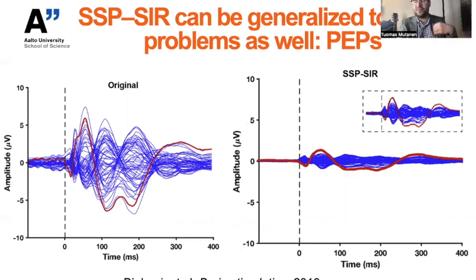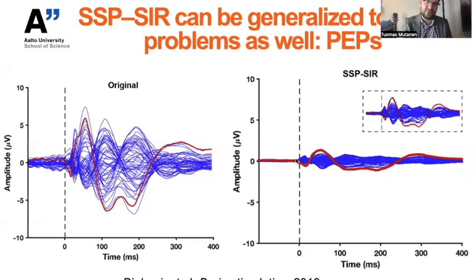As this is a problem that was, of course, revealed by Conde et al in their famous paper some years ago. And here we had a control measurement where we actually stimulated the shoulder with the TMS. And by measuring the topographies from that control data, we then use the SSP-SIR to project out those topographies from the TMS EEG responses and then reconstructed those signals.